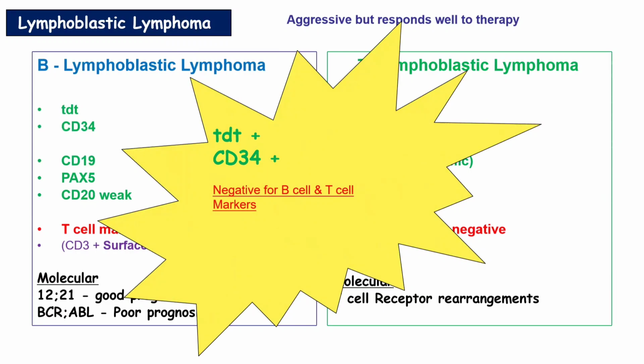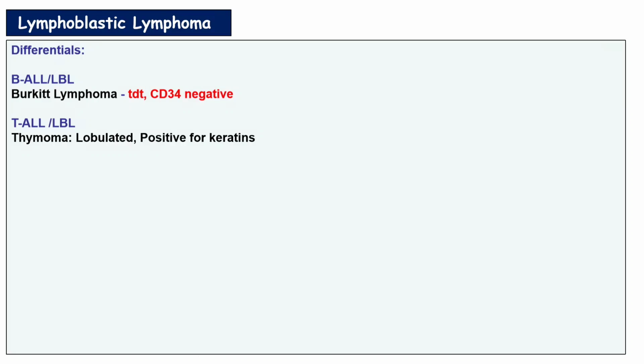In this case, we must apply at least two to three markers for each lineage, and in case we apply those markers and we still do not get positivity and we are unable to determine the lineage, then it means that these blasts are very primitive and have not yet gone to a lineage, and in this case we can refer it to a hematopathologist.